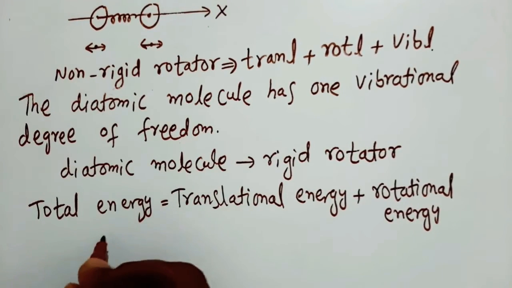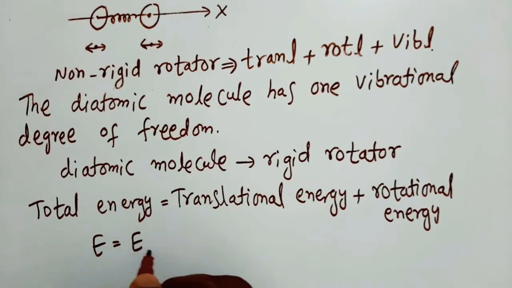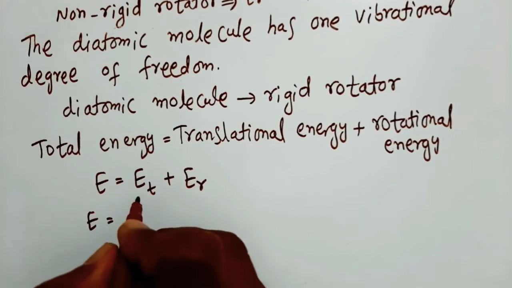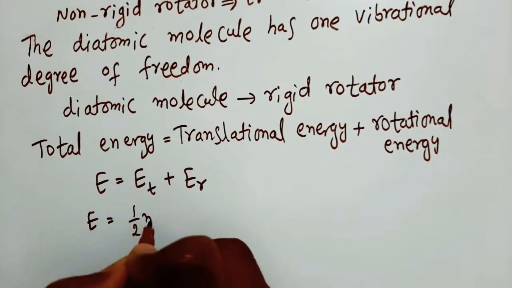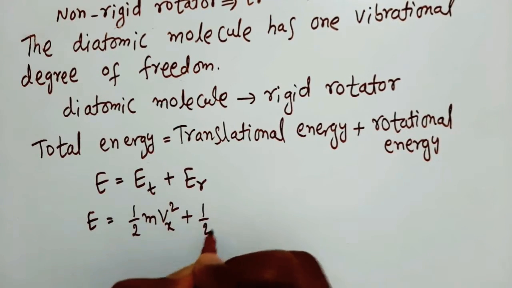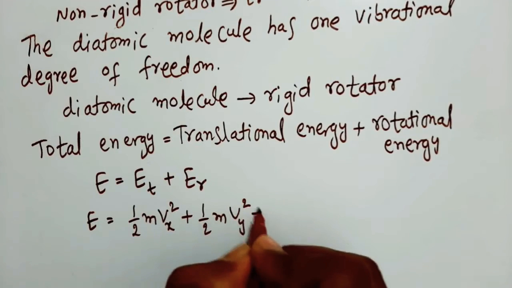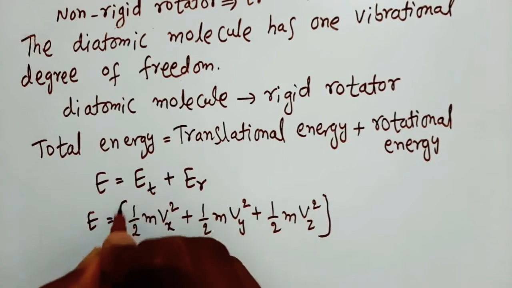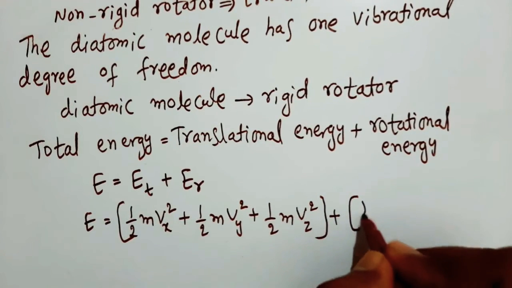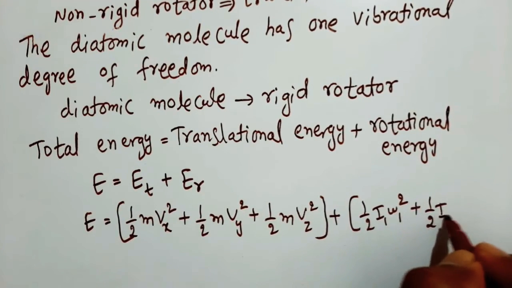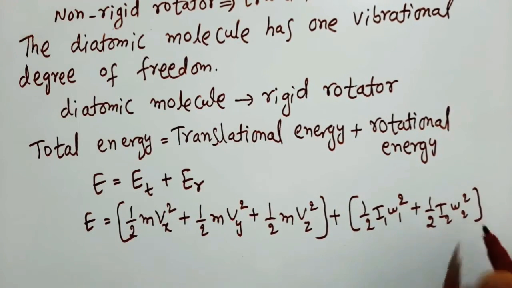That is, here E is equal to Et plus Er. Therefore E is equal to, here the translational energy is half m Vx square plus half m Vy square plus half m Vz square, plus half I1 omega 1 square plus half I2 omega 2 square.